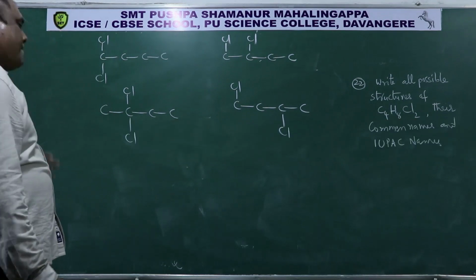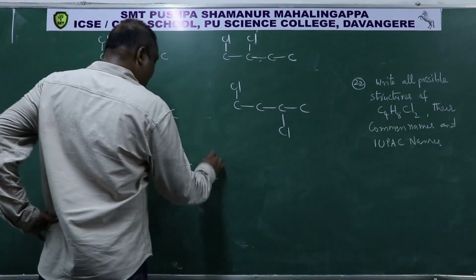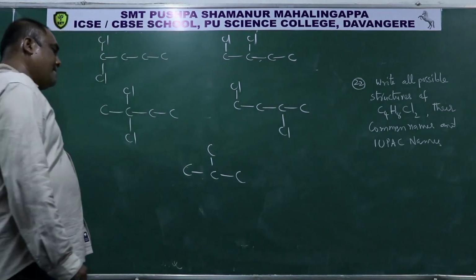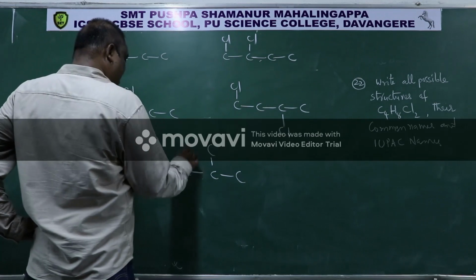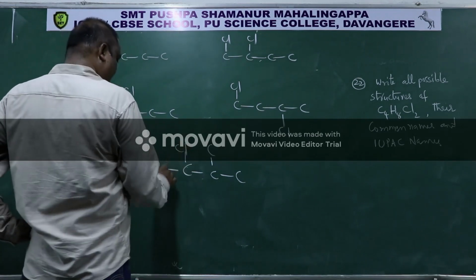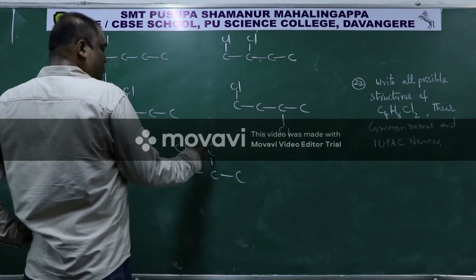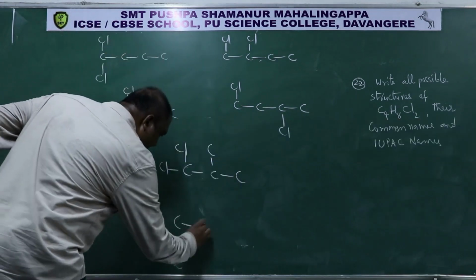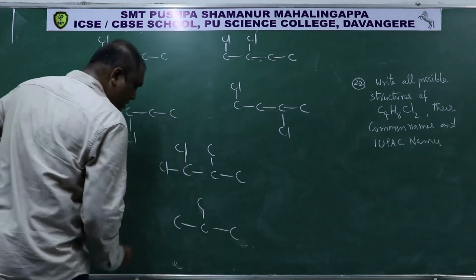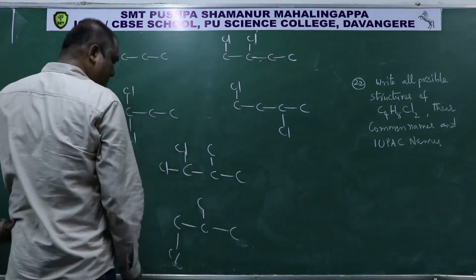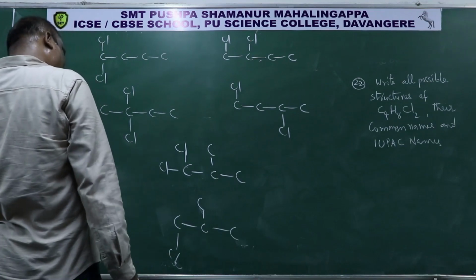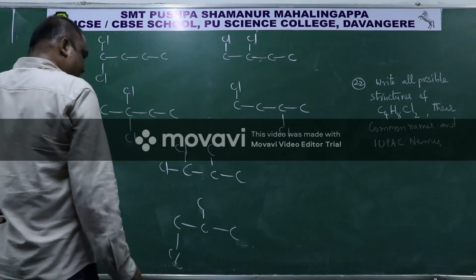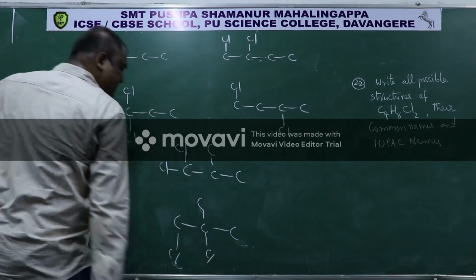Then C. So I can attach two Cls to this. I can attach two Cls to this, the same. Then one Cl to this, one Cl to this.